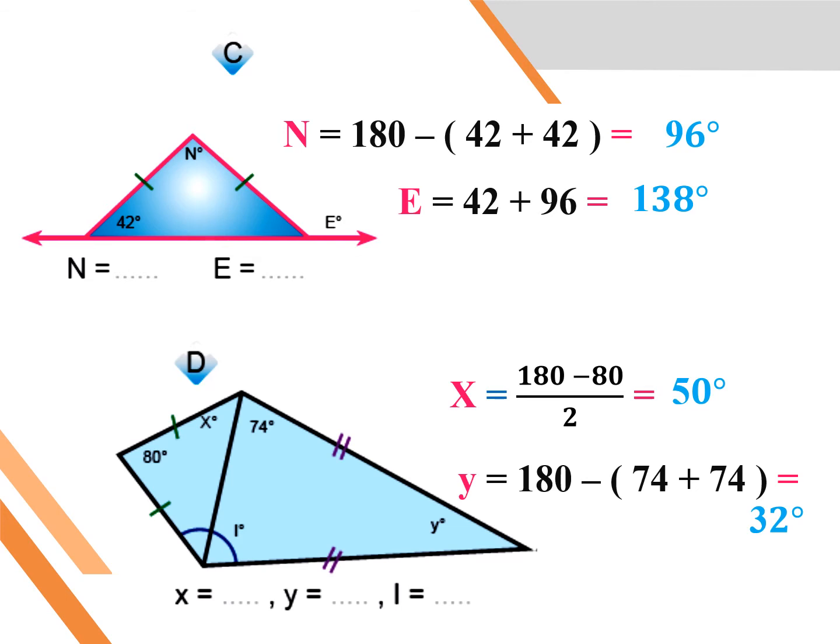What about I? Look here, I have two angles making up I. In the left triangle I have 50 and in the right triangle 74. So I add 50 plus 74, which is equal to 124.